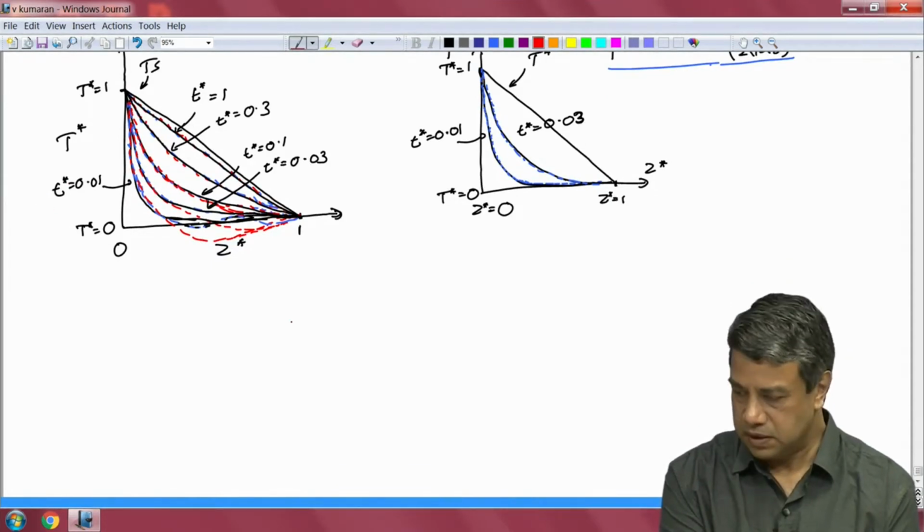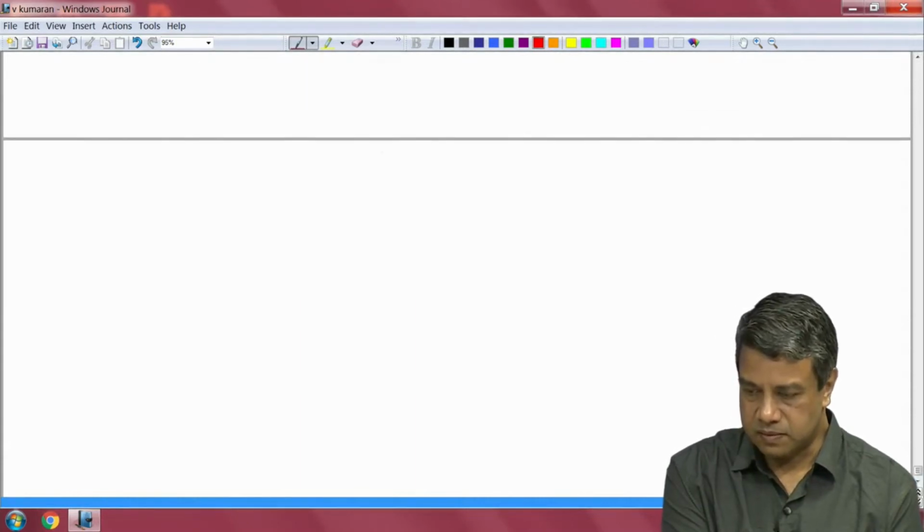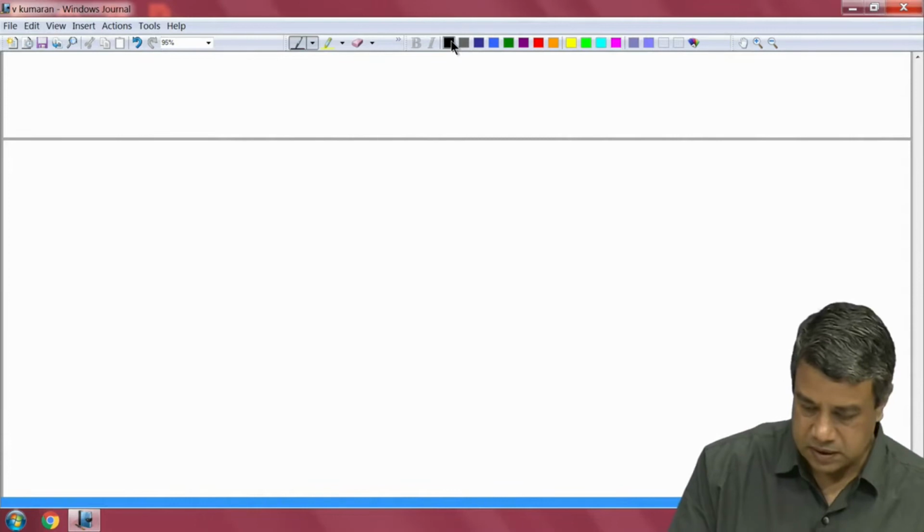So, I will look at one more example of solution by separation of variables. And this is as follows.